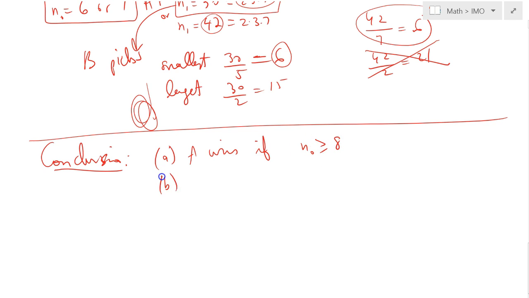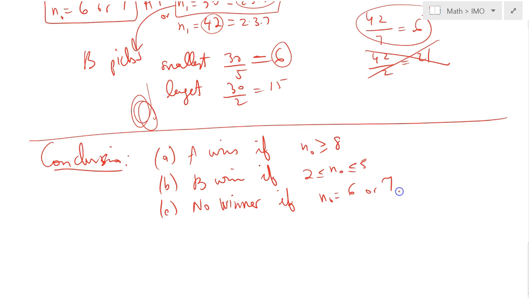Part B, B wins if n0 is, it's given that n0 is strictly greater than 1, obviously, 5. And finally part C, no one wins, no winning strategy, I should say, if n0 is equal to 6 or 7. And that solves the problem. Hope to see you guys in our next video.